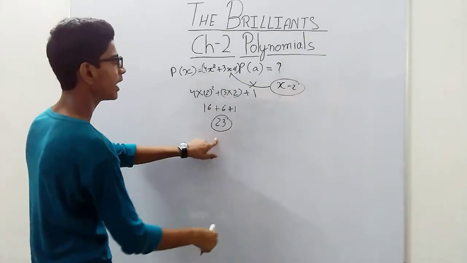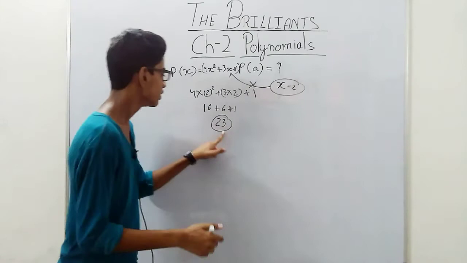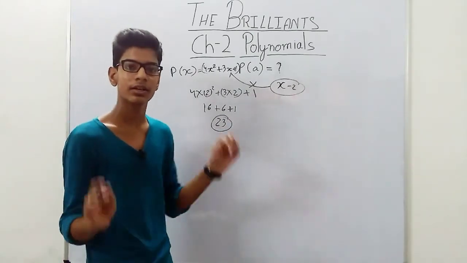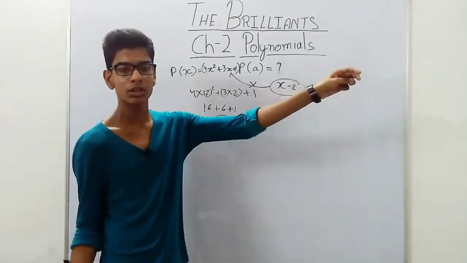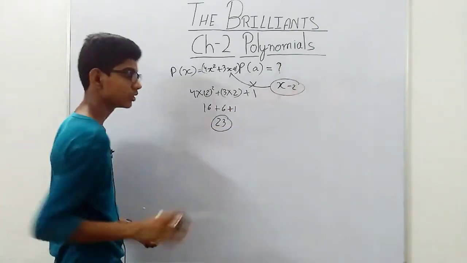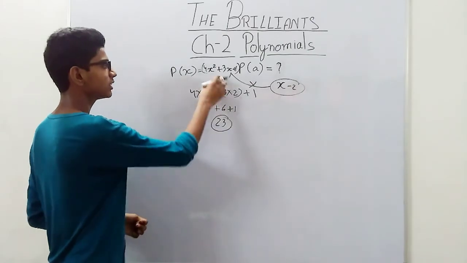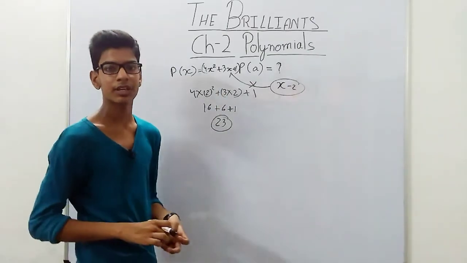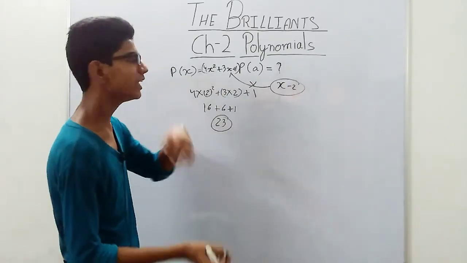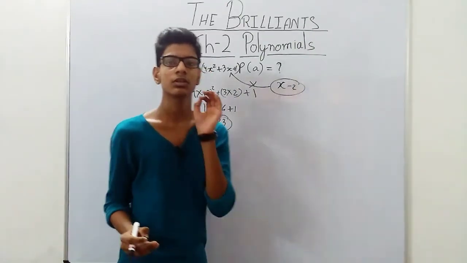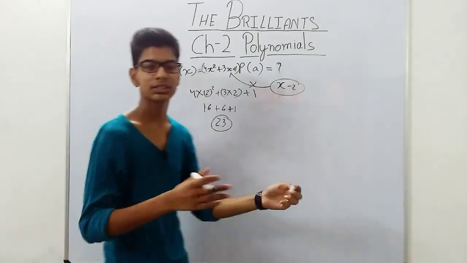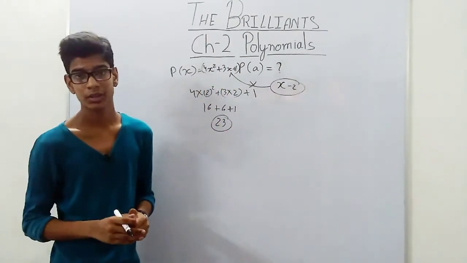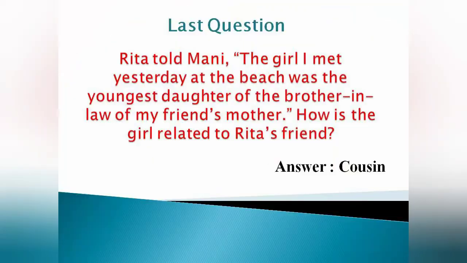Here it is 23, and if we divide by x minus 2, the remainder will be 23 only. So to shorten the long division, we did this. If it comes 0, it is a factor. We already know that if we divide a number by any other number and the remainder comes 0, then that number is a factor of the dividend. Okay, understand?